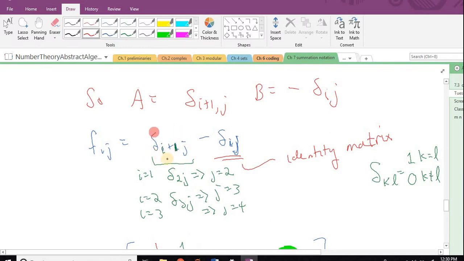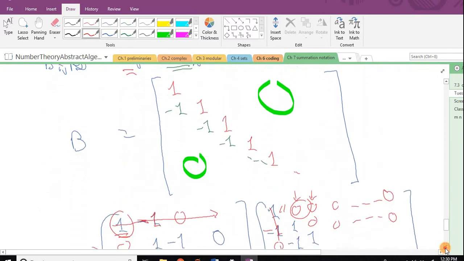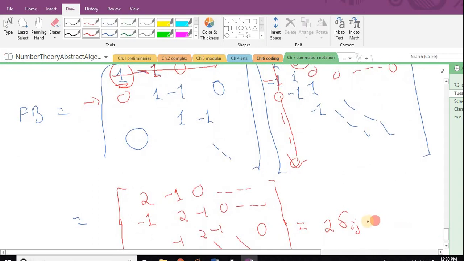That was this guy, right? The green ones came from this guy. So instead of adding delta i plus 1, j, I have to subtract it. Okay, and then how about the -1s below? Well, those -1s below are in the same position as these guys, right? So where did these guys come from?